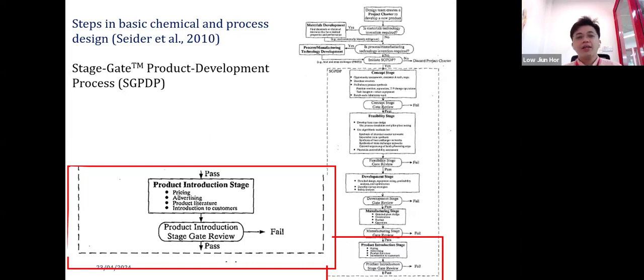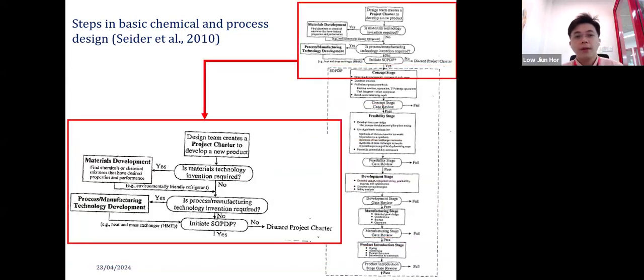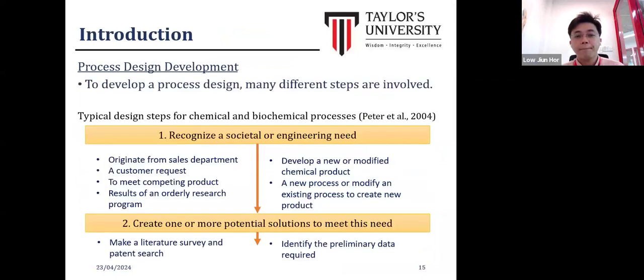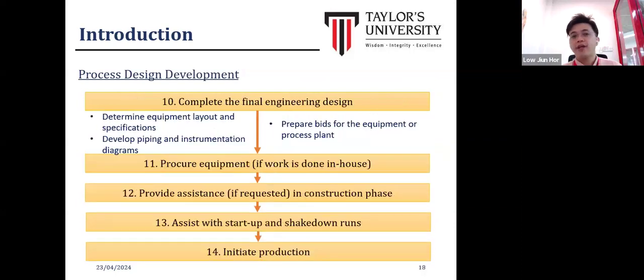If you compare the framework proposed by Cider and the framework proposed by Peter, the elements or stages involved in chemical plant design are actually totally different.